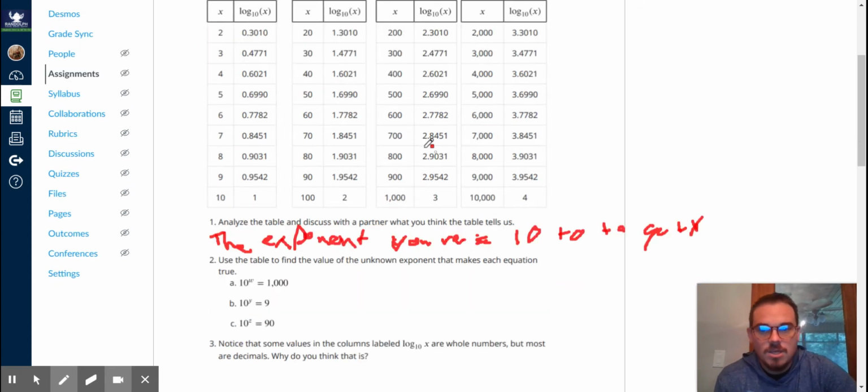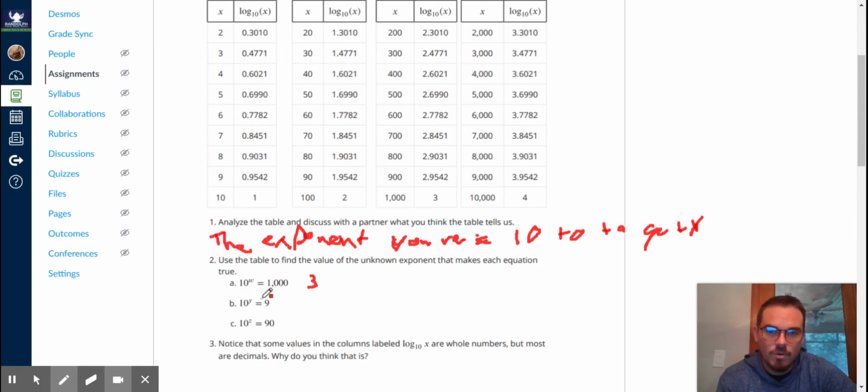All right? So using the table, find the values of the unknown exponent to make the equation true. So A, 10 to the what power gives us 1,000, right? So we look in this column and we say that that would have to be 3. 10 to the power of 3 gives us 1,000.